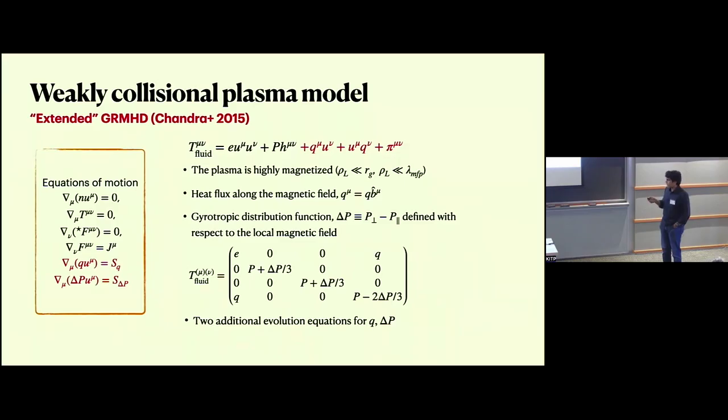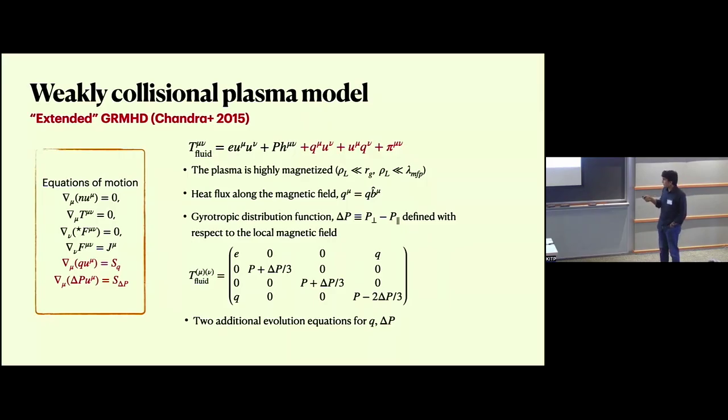There is like a whole theory about relativistic dissipative fluids and the caveats associated with it, which I'm not going to get into. But the point is that these new equations of motion make the system far more complicated, both in terms of the physics and also computationally, which I'm happy to talk about later.